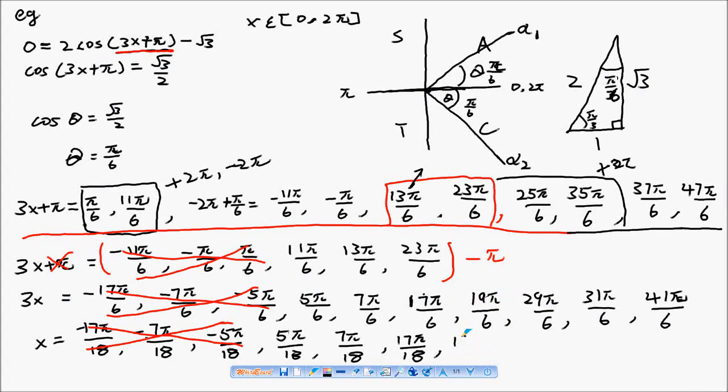So we have 19 pi on 18, 29 pi on 18, 31 pi on 18, and also 41 pi on 18.